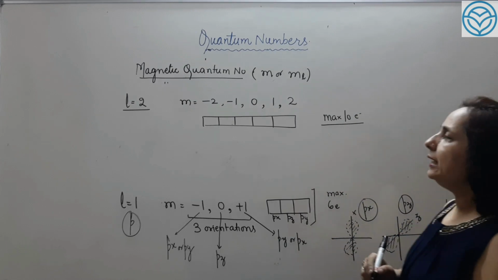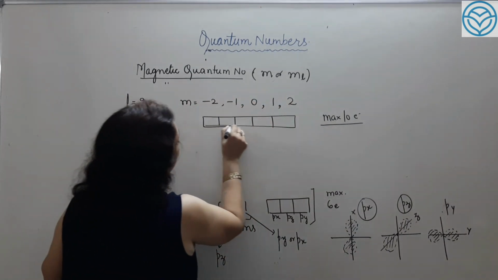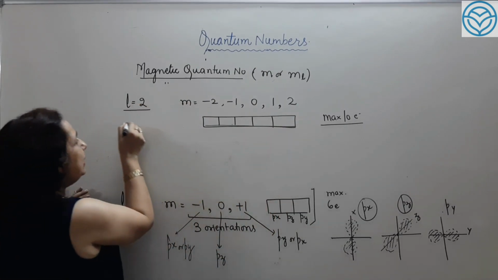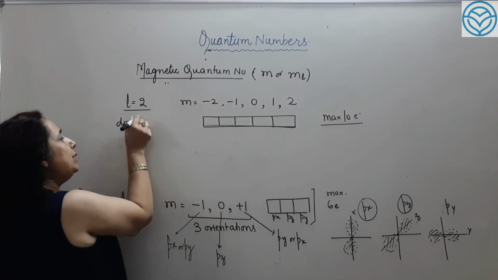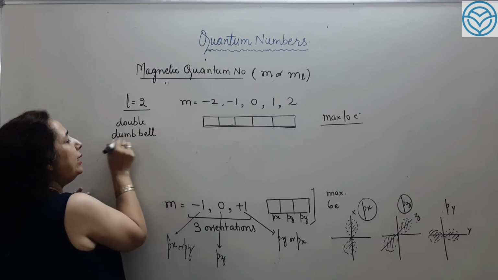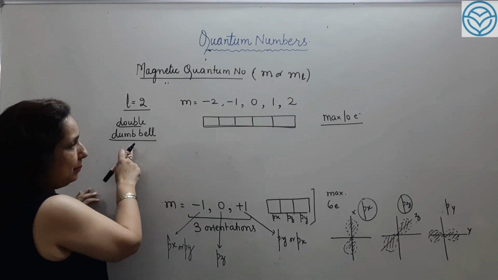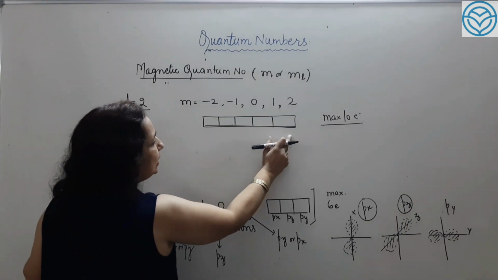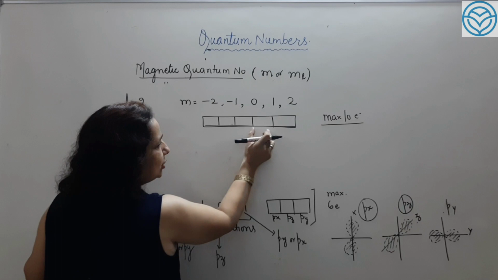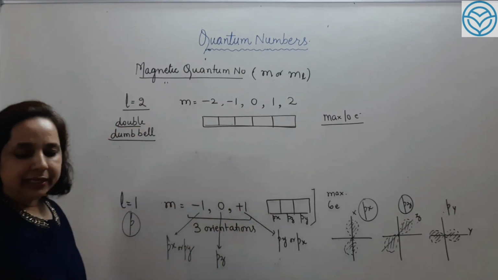But when I say 5 orientations, all of these are going to be double dumbbell. Shape we have done in which quantum number? Angular quantum number. In the angular quantum number, shape is done and shape is found to be double dumbbell. Now these are 5 double dumbbell orbitals, orientations, each orientation with 2 electrons, that's why maximum 10 electrons.